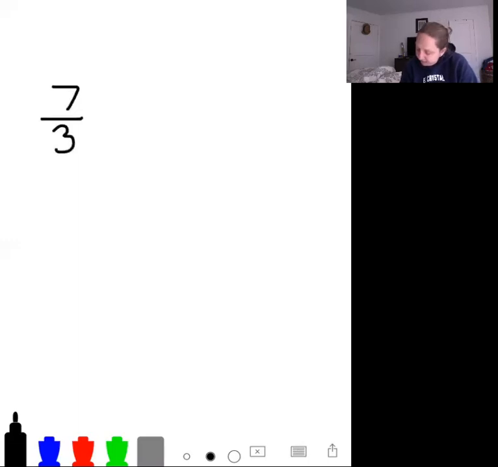If I have 7/3, and I know that 3/3 is a whole and 6/3 is 2 wholes, knowing that particular information is going to help me get to the multiplication. I can say 2 times 3/3, because remember 3/3 we already said was a whole.